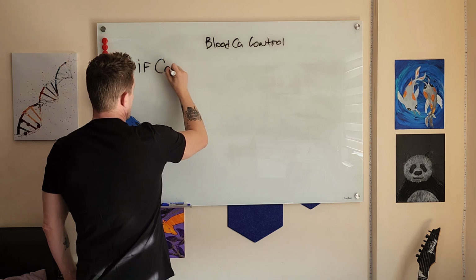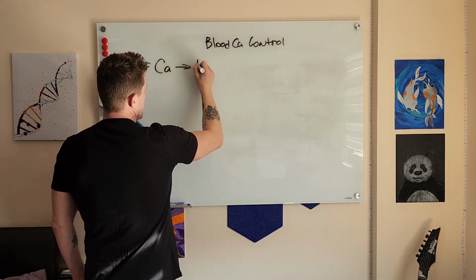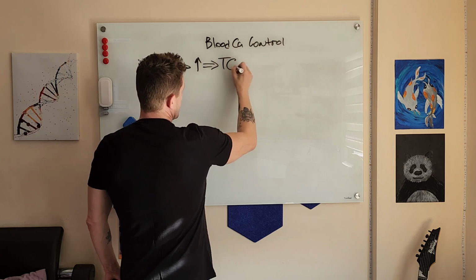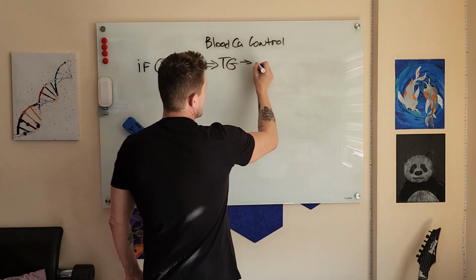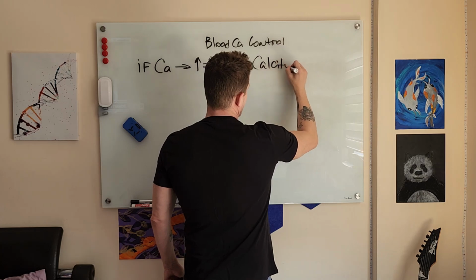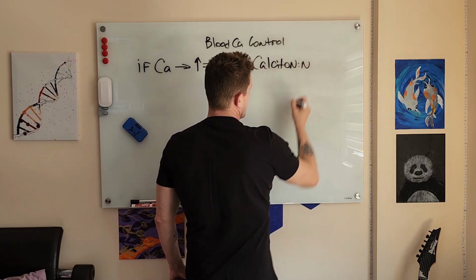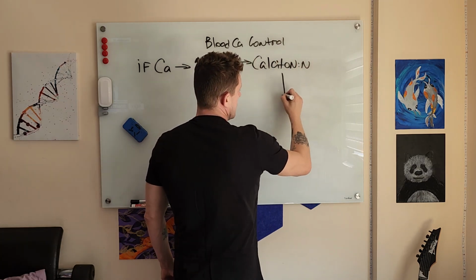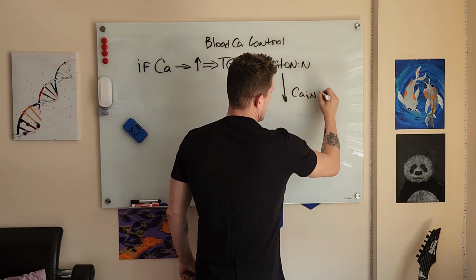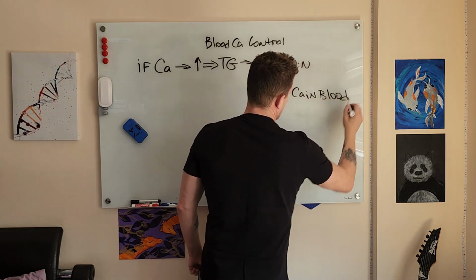If calcium is high, thyroid gland releases calcitonin, and calcitonin will decrease calcium in blood.